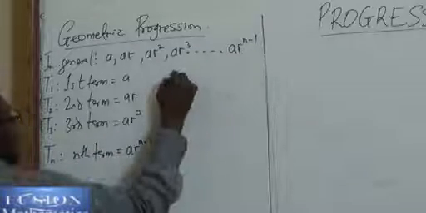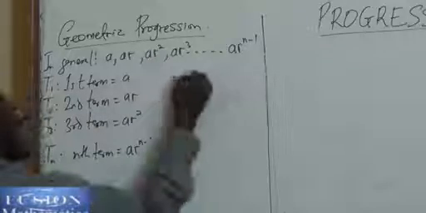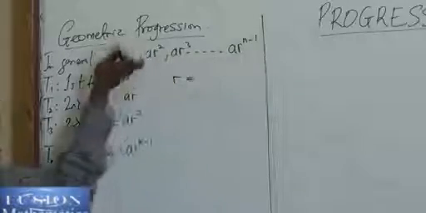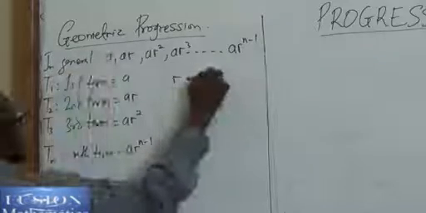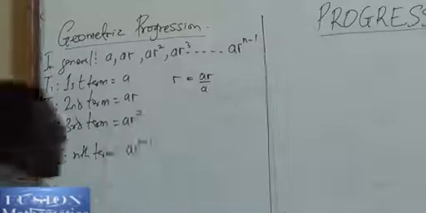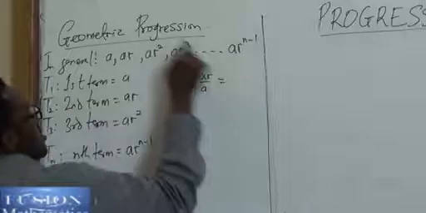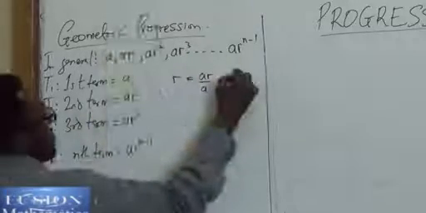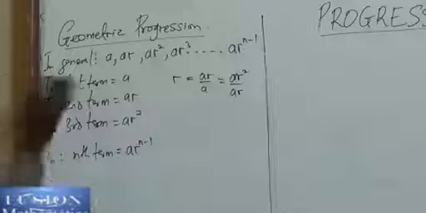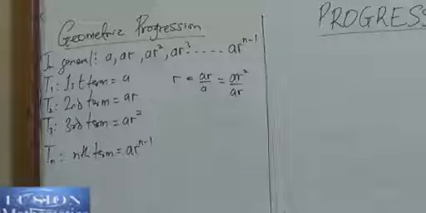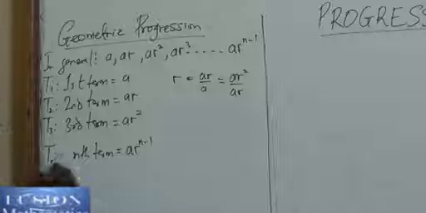Note that for the common ratio r, it is the second term divided by the first term, that is ar all over a, or the third term all over the second term, ar squared all over ar, and so on.